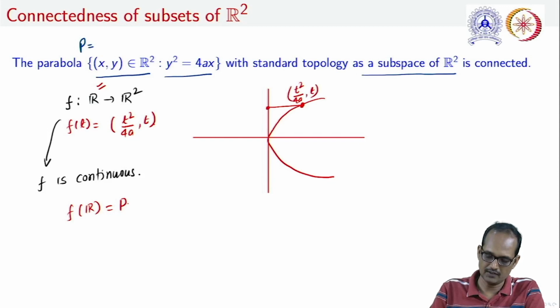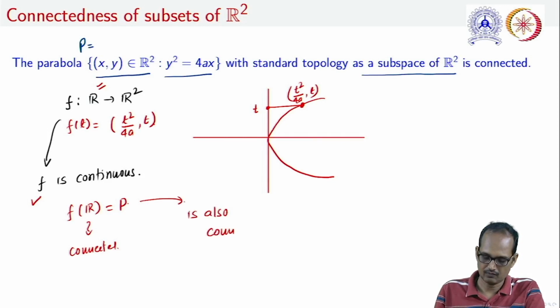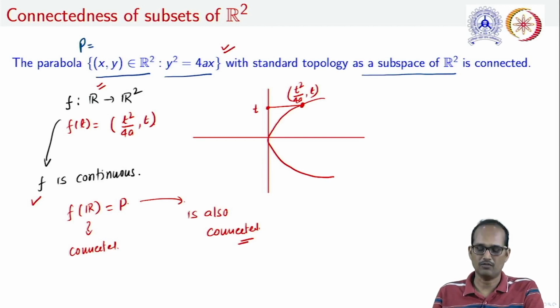As R is connected, and the function is already continuous, we can say that this set P is also connected. Therefore, the parabola is a connected subset of R2.